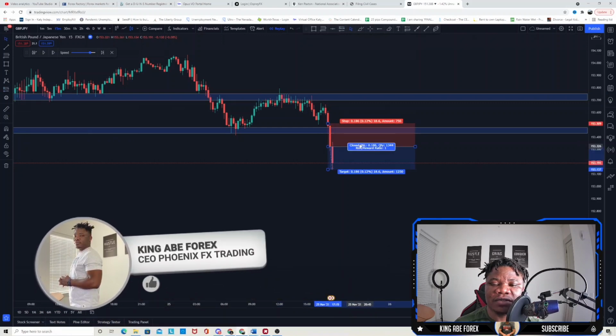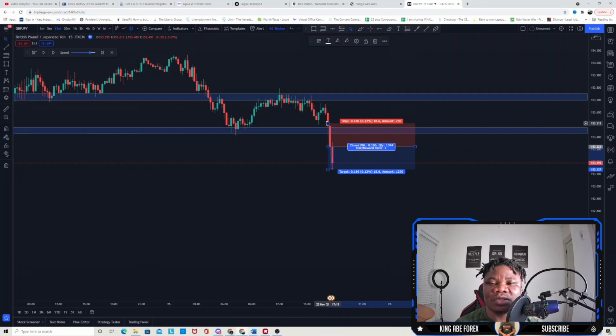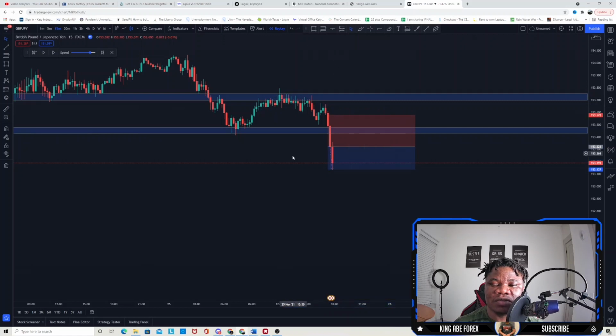We'll have our entry right over here at this next bearish candle. Using this strategy, I recommend setting your stop loss between 25 and 30 pips. For the sake of this video, we're going to set our stop loss to 25 pips.